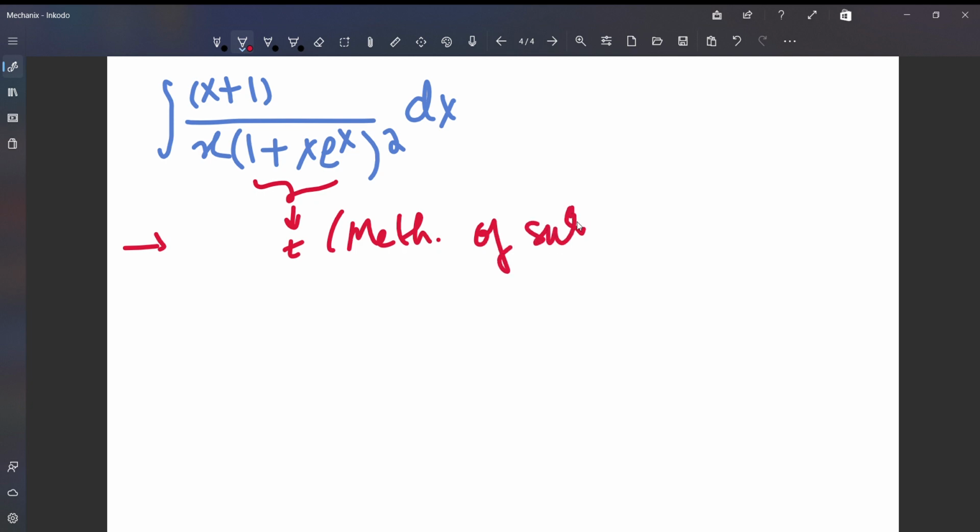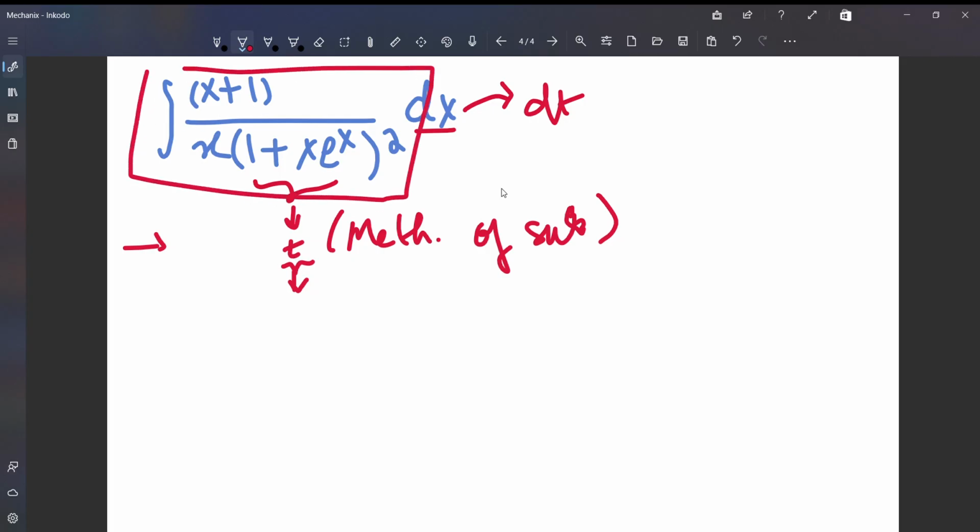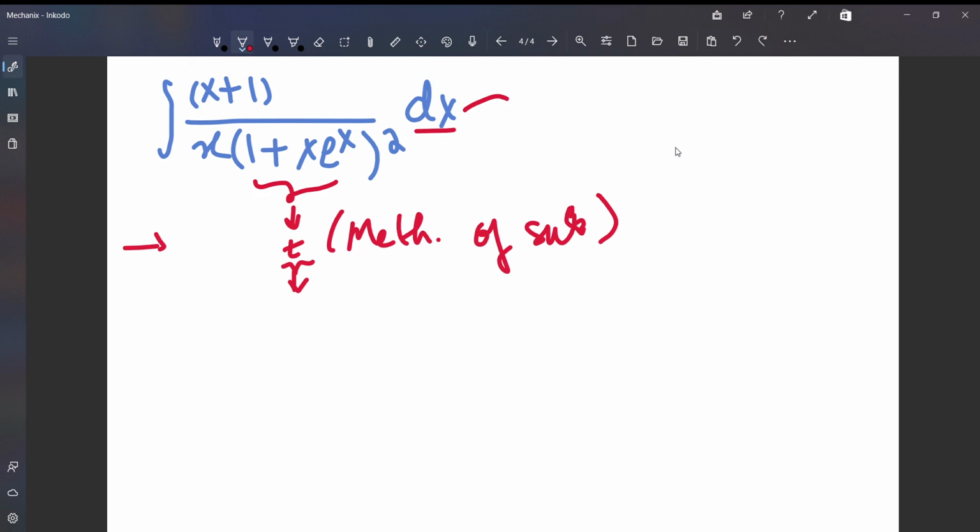As I follow t, I hope that after using t, I'm going to convert dx in terms of dt via manipulation, and once we're done with it, I hope to convert this whole form into a much better and simplifiable form so we can develop our solution. So let us try doing that first.